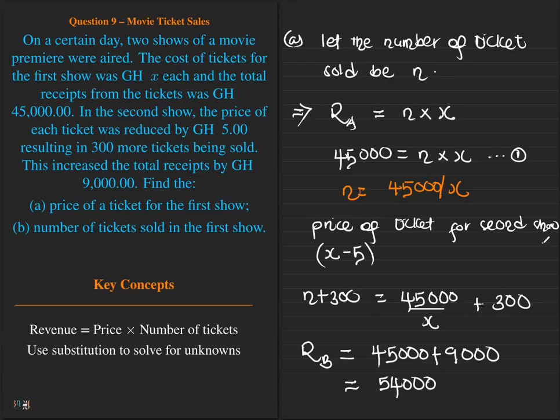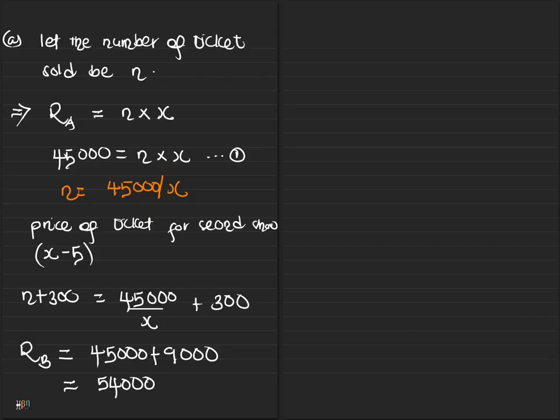So let's do the necessary substitution here. Revenue equals price times number of tickets. So our revenue, which is our 54,000, is equal to the price, which is x minus 5, and then times the number of tickets that were sold.